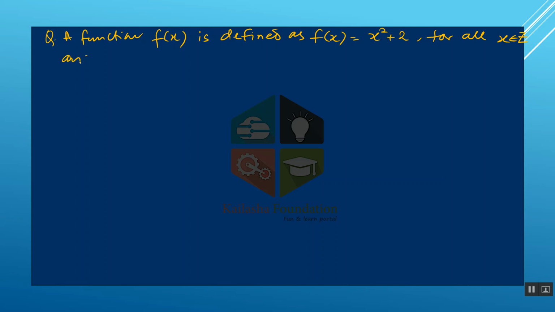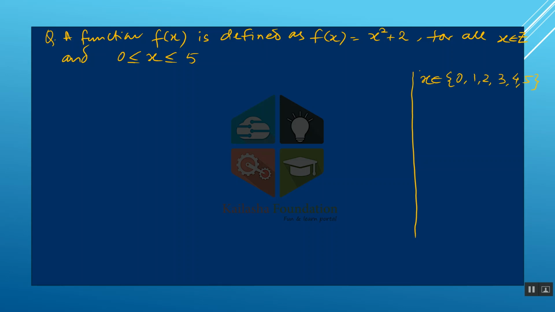And also a condition is given on x. That means we can do rough work, that x belongs to this set 0, 1, 2, 3, 4, 5. Okay, this only.